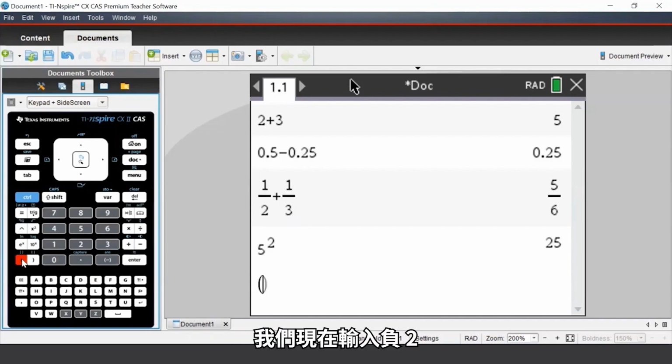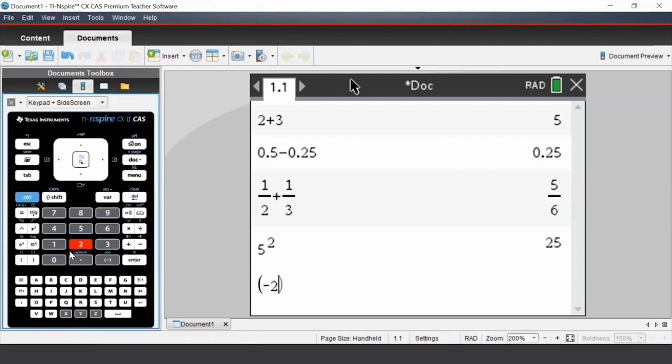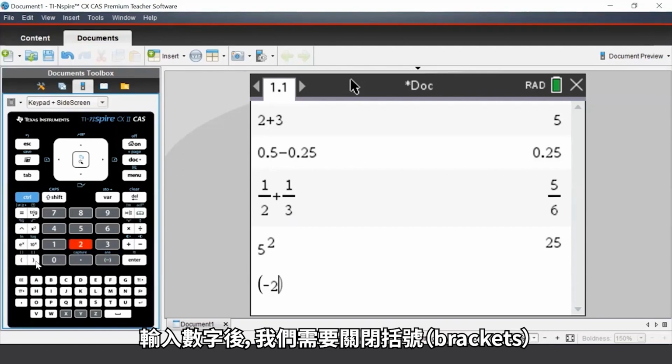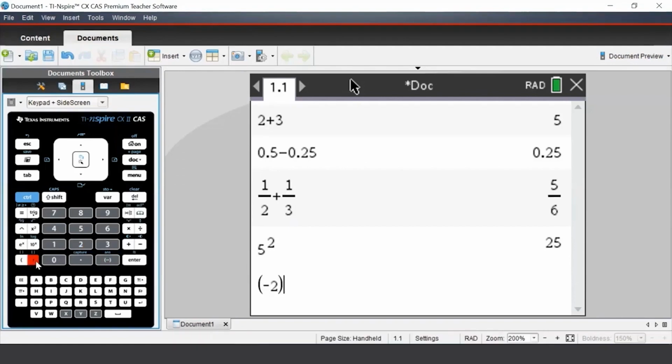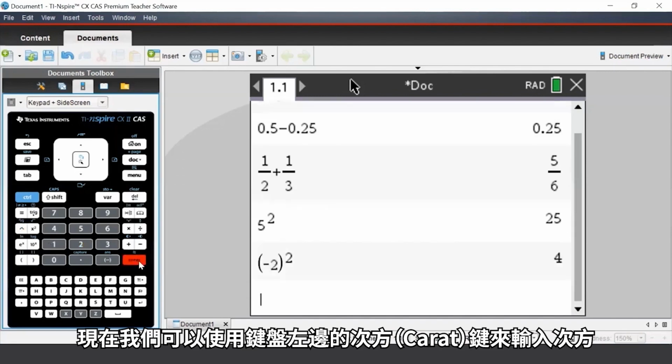We now enter negative 2. To enter a negative number, we must first press the negative sign next to the enter button. Once we've typed our number, we now need to close the brackets, and now we can enter our power using the caret button on the left-hand side of the keypad.